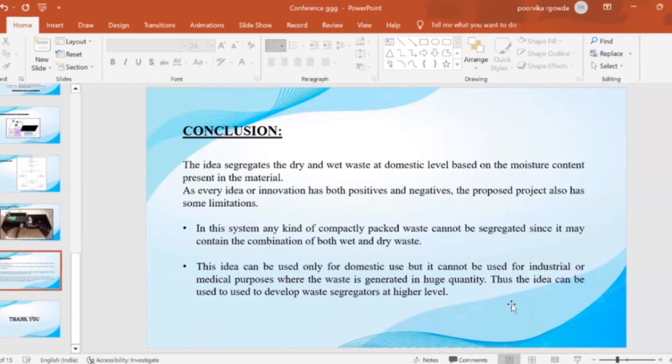And this idea can be used only for domestic purposes and not for huge quantities. Thus this idea was used to develop waste segregators, not at a higher level.